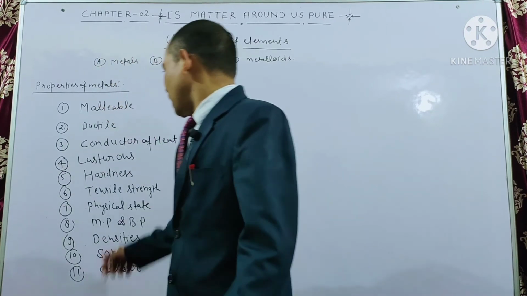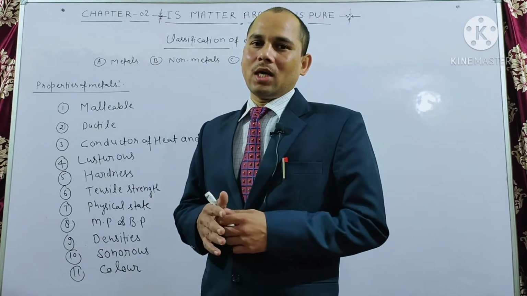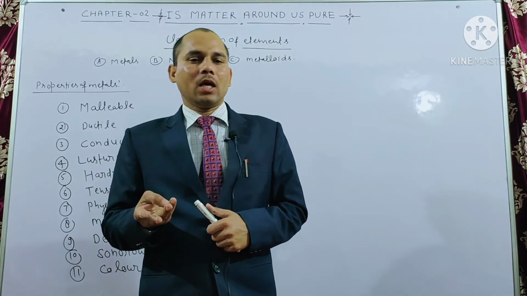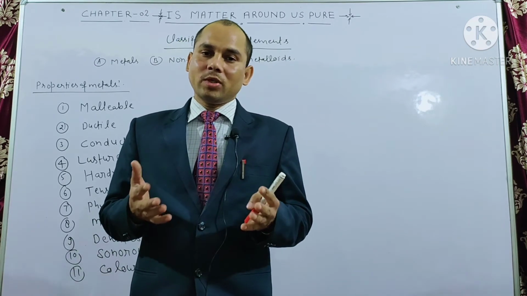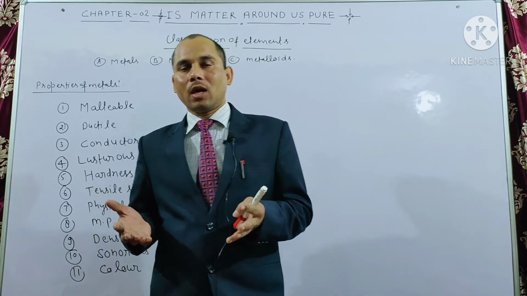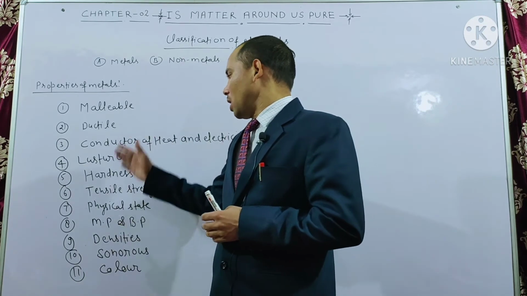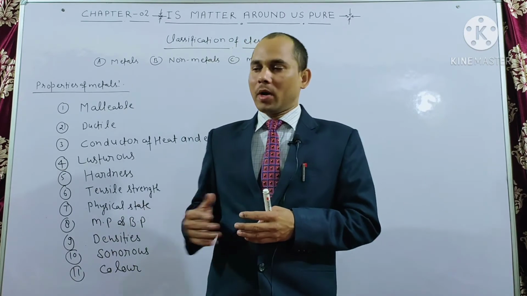These properties can vary and there is some variation, but the main properties are these four. The substance which has these four properties is called a metal. There are a lot of properties followed by the metals.